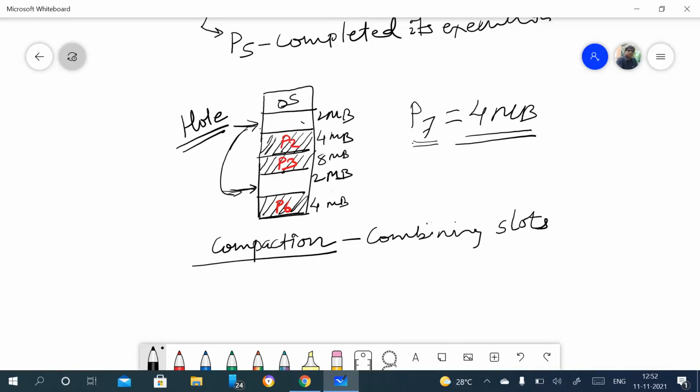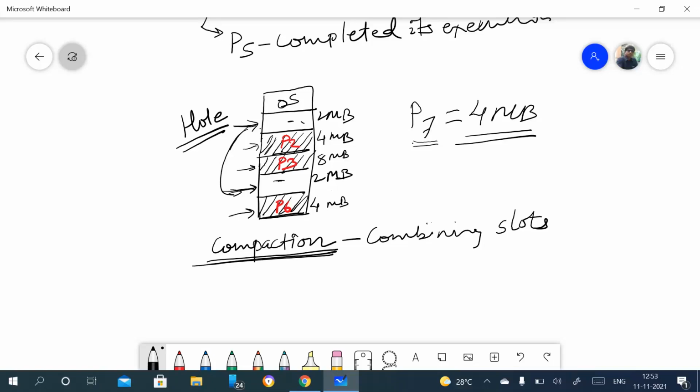But see, compaction is not that simple, because if you want to club these two slots, we need to shift all these processes from their original slot to a new position.